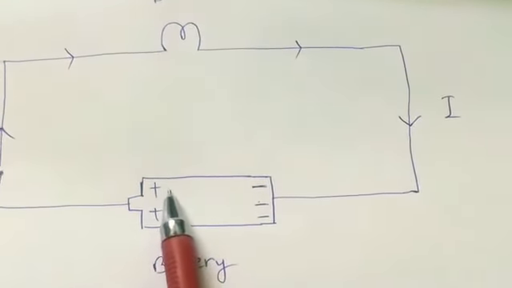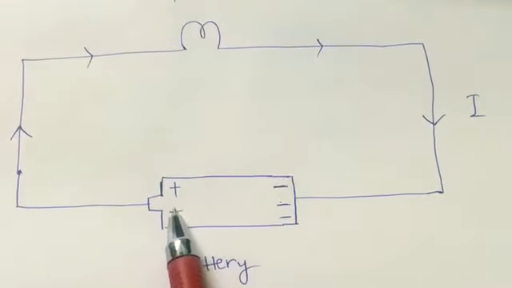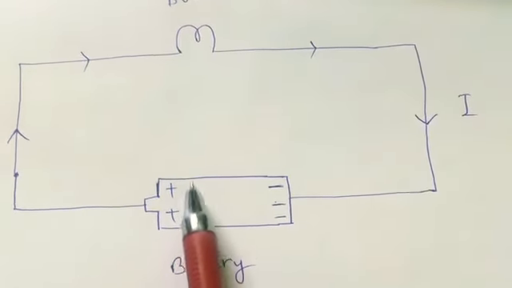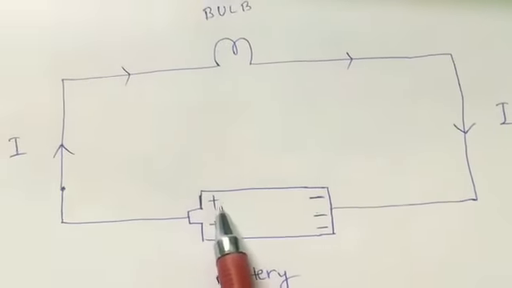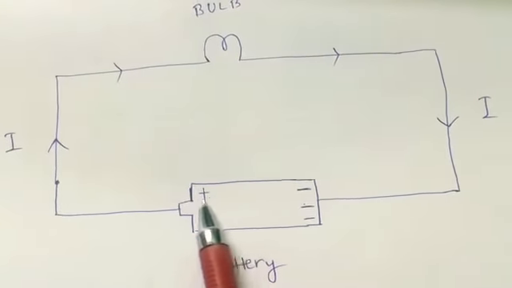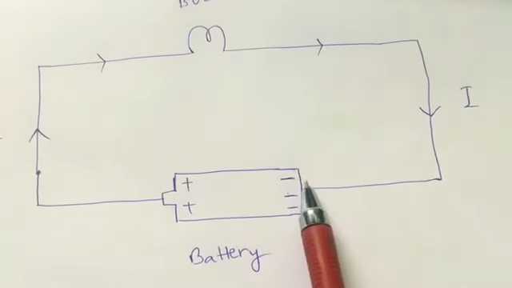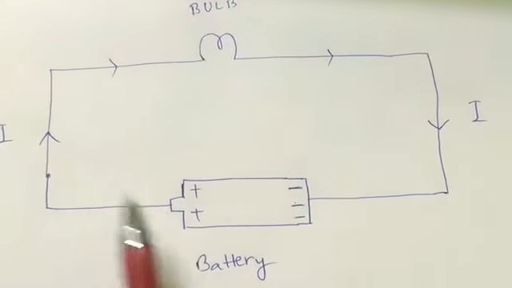Do you know the meaning of potential? It's the stored energy. Here high potential is there, then here low potential. The current always moves from the high potential to the low potential. Since this is the low potential, electrons are moving from low potential to the high potential.